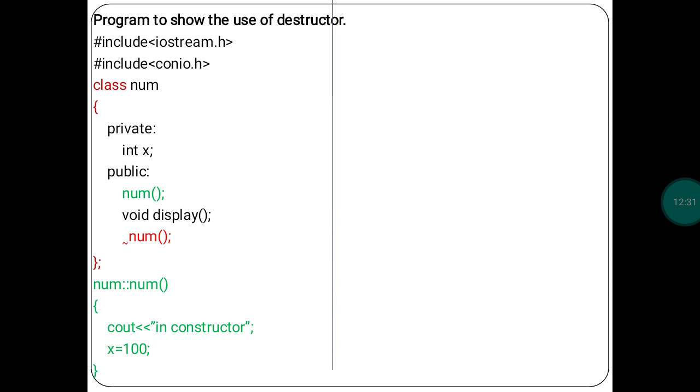Your weekend exam syllabus is chapter number 7 and chapter number 8. Chapter 7 is classes and objects, and chapter 8 is function overloading. These are the two chapters.